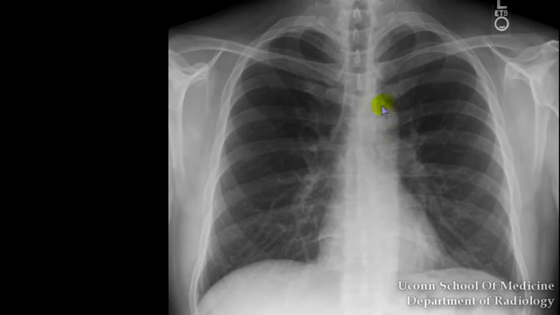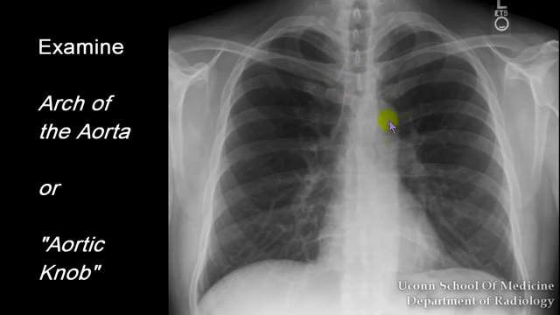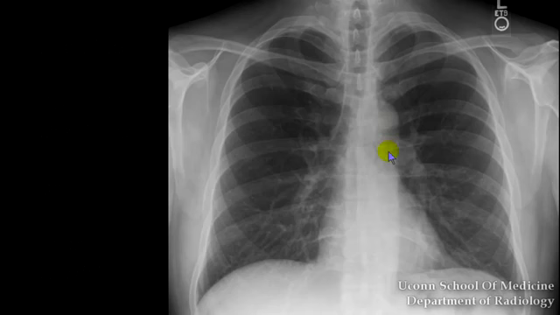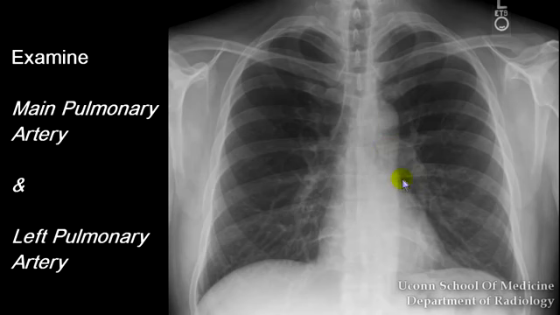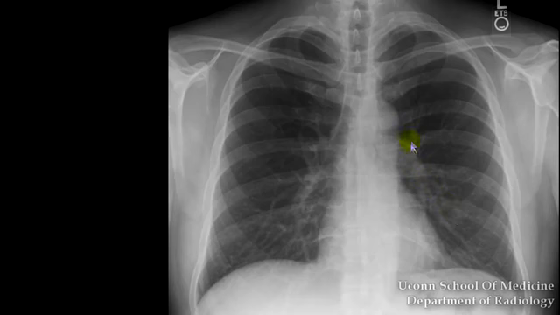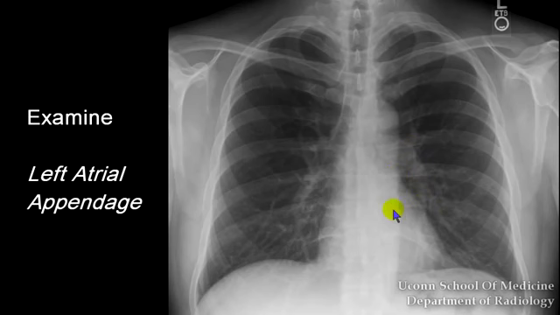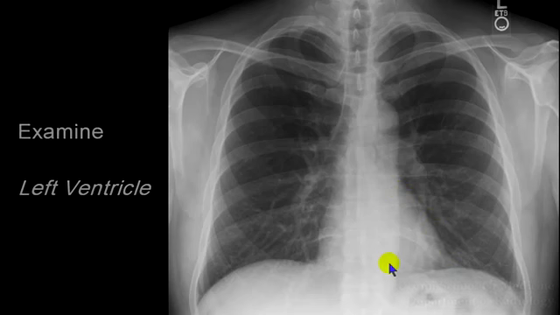The arch of the aorta forms the prominent aortic knob. Just below is the main pulmonary artery, with the left pulmonary artery coming out. Inferior to that is the left atrial appendage. And just inferior to that is the left ventricle, which forms the majority of the left heart border.